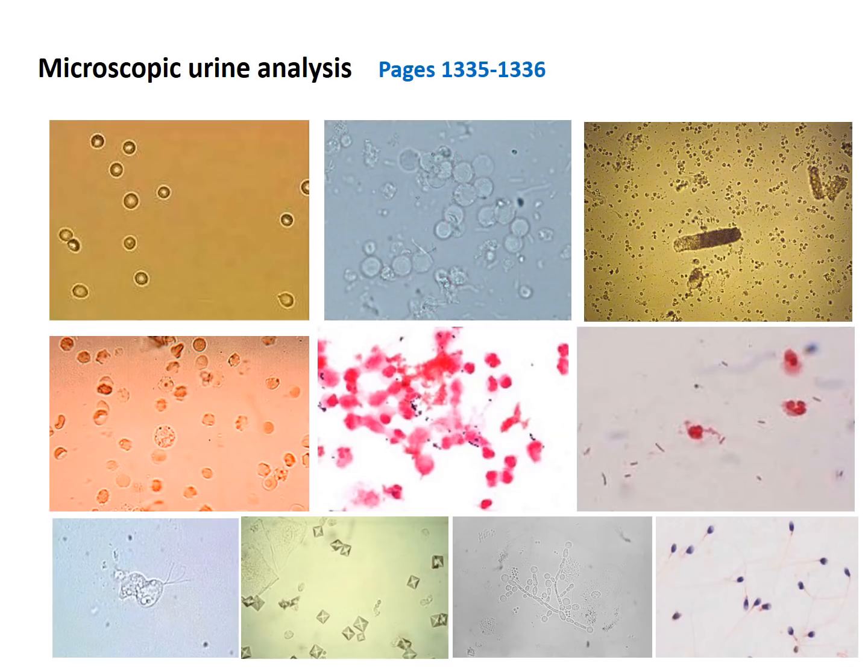When we are done with this unit, you're going to want to come back to this slide and identify everything on the slide. So this is a microscopic urine. You're taking a sample of the urine, putting it under the microscope and looking directly at it. Usually what is done is the urine will get centrifuged, so all the precipitants get to the bottom of the centrifuge tube, and it's the bottom, the part that's more dense, that gets looked at under the microscope.